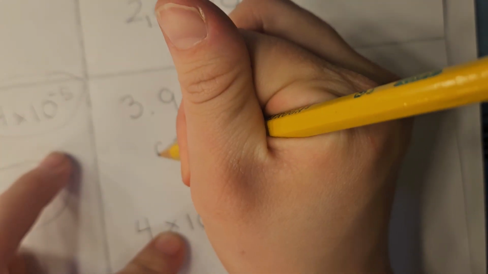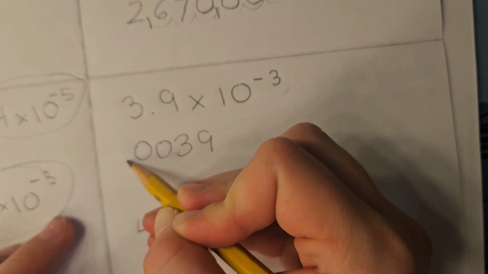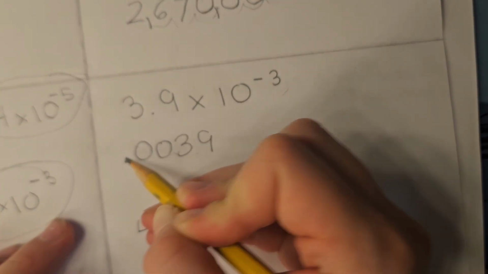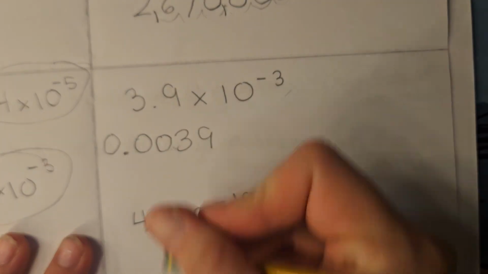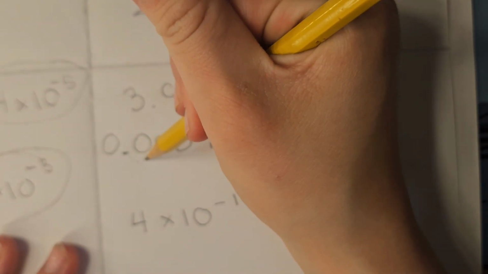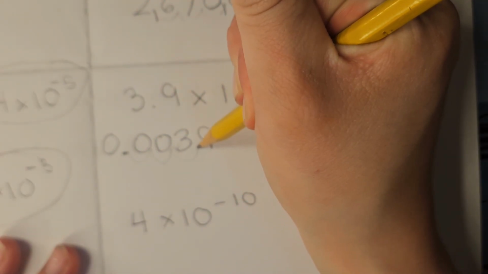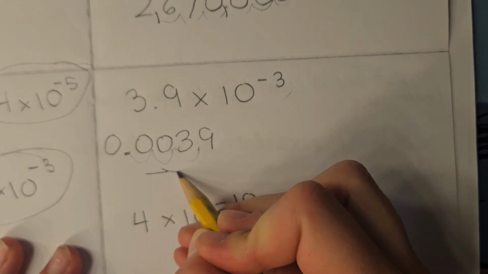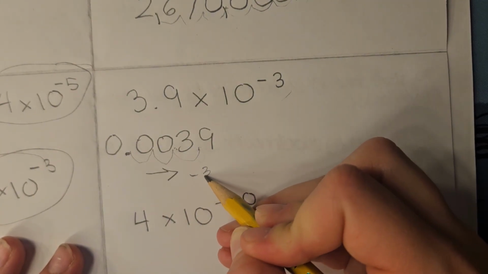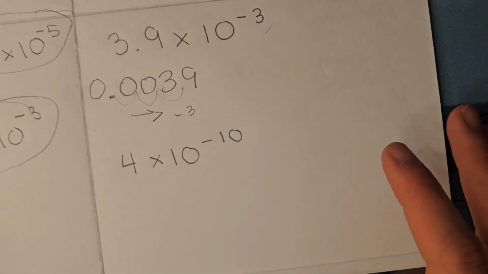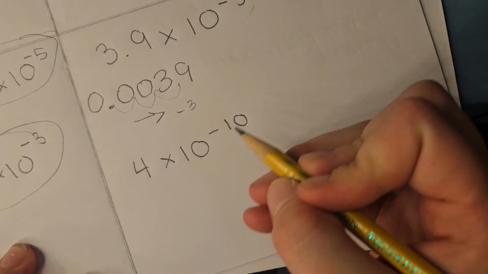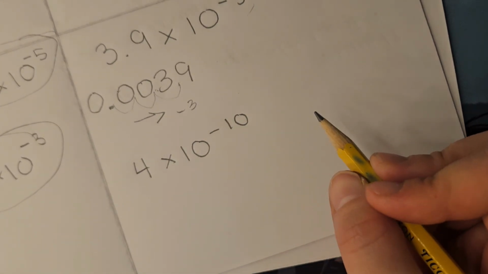So I'm going to draw 2 more zeros. 1, 2. And then I'm going to put the decimal right here. We can double check by counting backwards. 1, 2, 3. And we moved this way, which means we are moving negative 3 places.